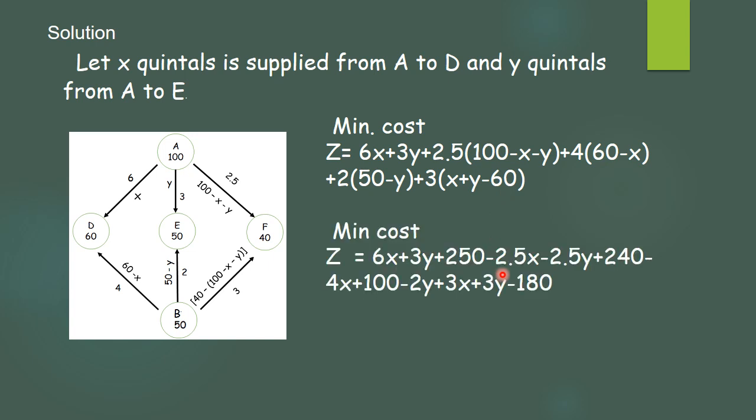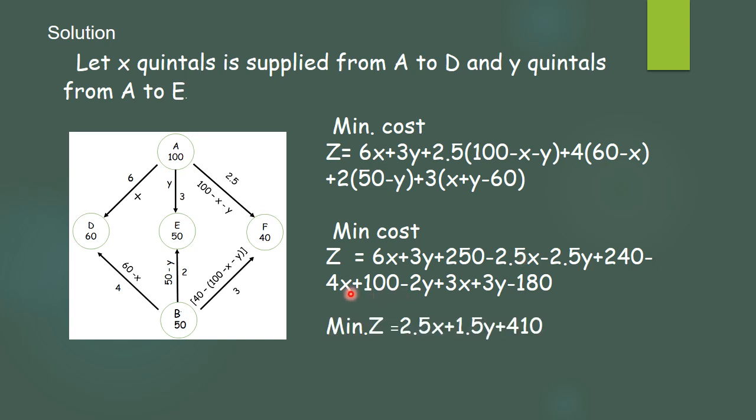Now we will simplify it further, because there are brackets, so we will simplify this. So it will be 6x plus 3y. This is 2.5 into 100, so that is 250, minus 2.5 of x minus 2.5 of y. 4 into 60 is 240, minus 4x, plus 100 minus 2y, plus 3x plus 3y minus 180. Now we will add all the terms of x, that is 6x, here it is 3x, that is 9x, and this is 2.5x, that is minus, and here 4x is also minus.